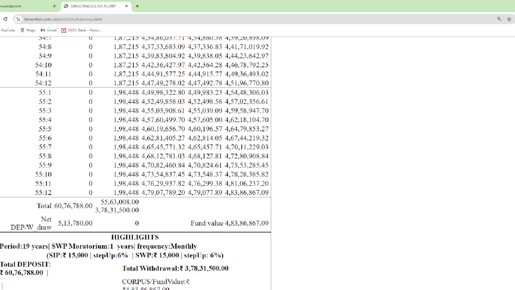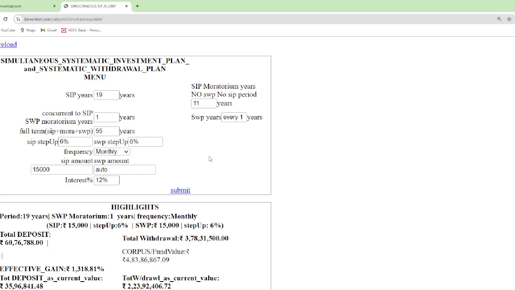Now, let us see some variation. This variation is, let it be the same 19 years, 11 years, 61. Start SWP after, let's say, 3 years, and continue this SWP every 3 years thereafter. And remaining things same.